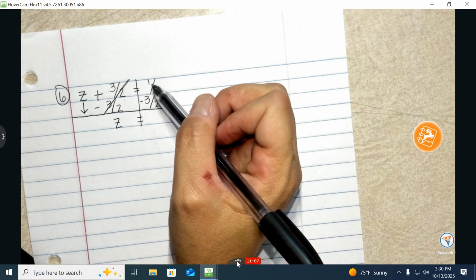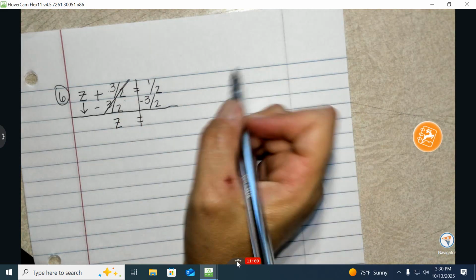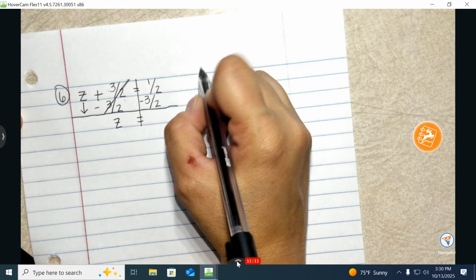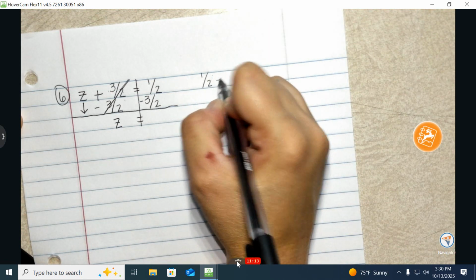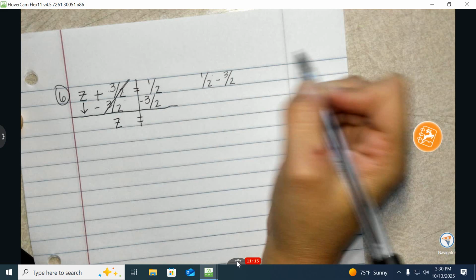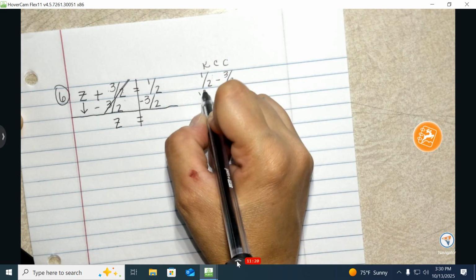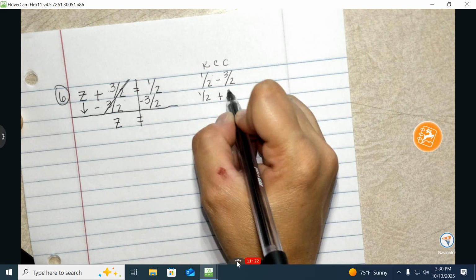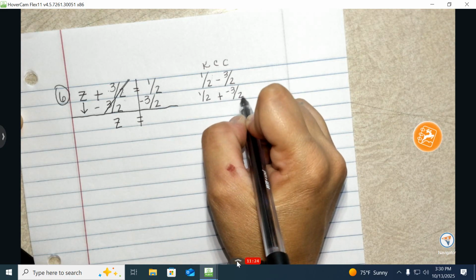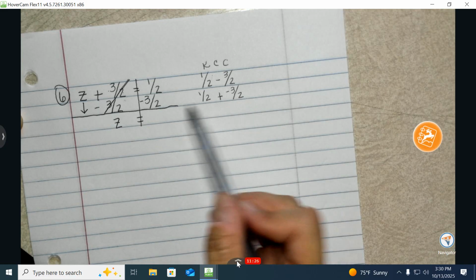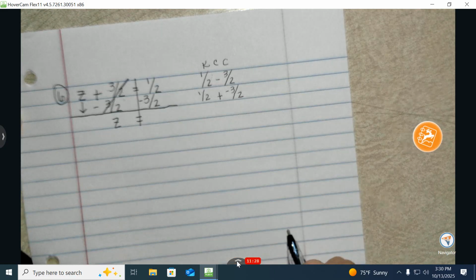Equals. So we have 1/2 minus 3/2. 1/2 minus 3/2. You need to do keep, change, change. So it's 1/2 plus negative 3/2. Adding, but they're not the same sign, so you actually subtract.